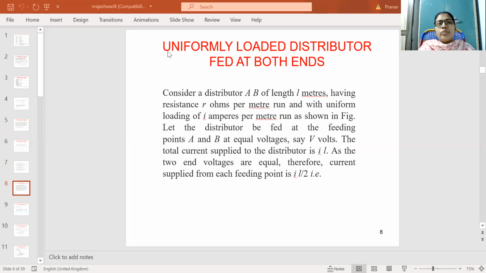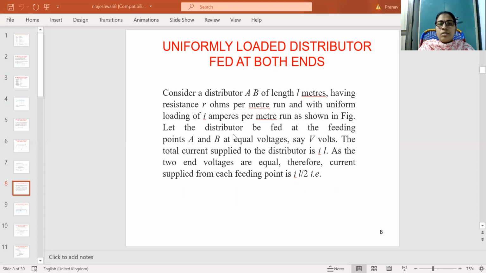Coming to the uniformly loaded distributor fed at both ends. Consider a distributor AB of length L meters having resistance R ohms per meter run and with uniform loading of I amperes per meter run as shown in the below figure.